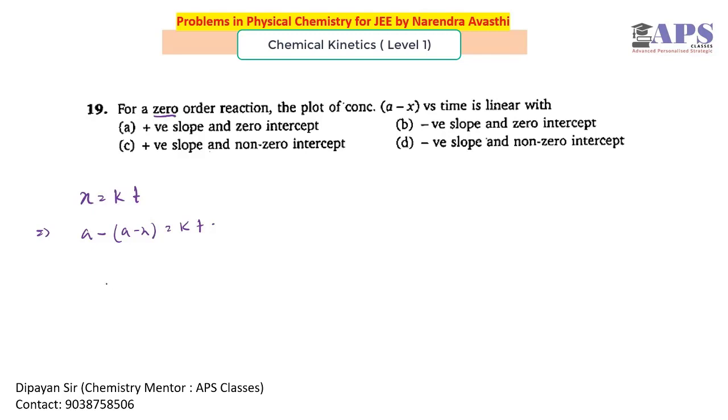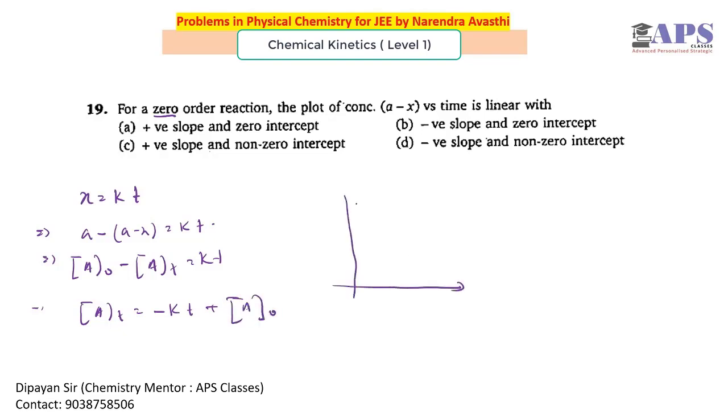This can be written like this also, A0 minus At equal to kt, or At equal to minus kt plus A0. Now if we plot At versus t, it will be a negative slope, and the intercept will be A0. So negative slope with a non-zero intercept, option D will be the correct option.